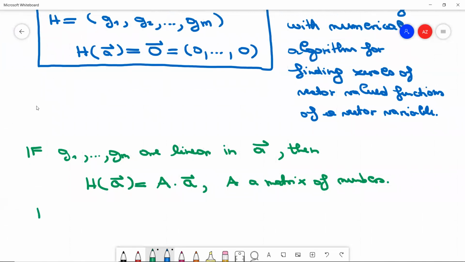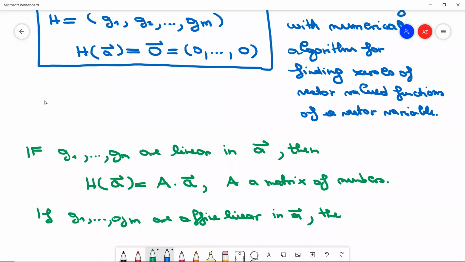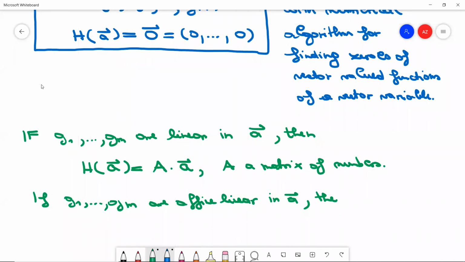But if they are affine linear, meaning that the constant term doesn't need to be 0, then also H of A can have a non-constant term which is not 0.